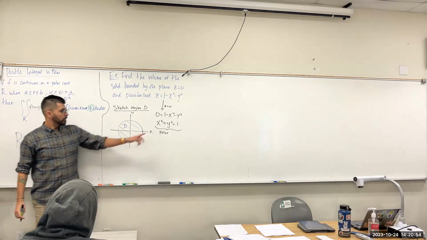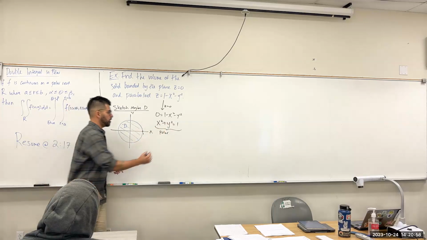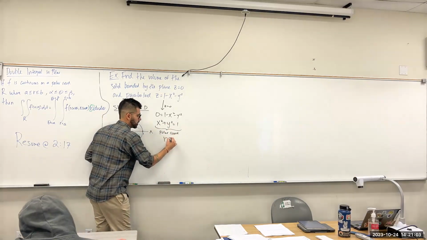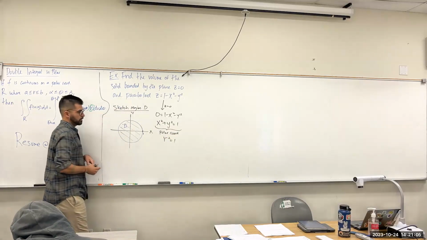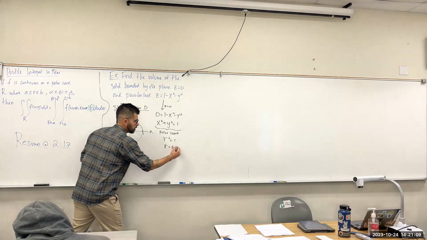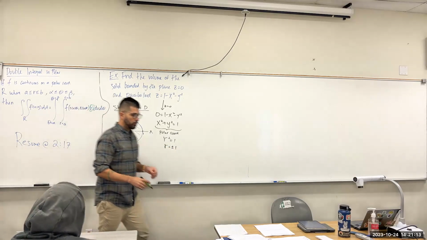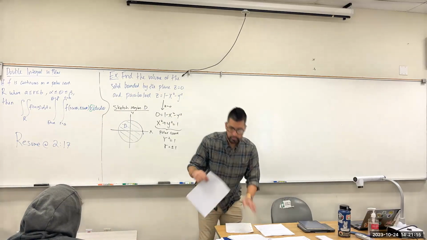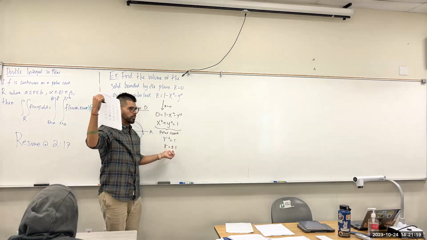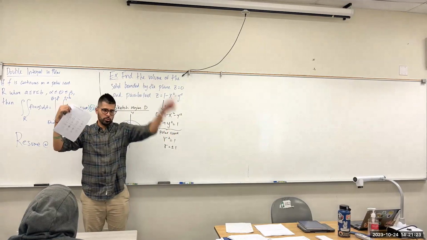X squared plus y squared, what is that in polar? It's just r squared. So r squared is equal to 1. If you square root both sides, you get r is equal to plus or minus 1. But if you look at the summary sheet for circles, it doesn't matter the sign, because it'll still be a circle with radius 1 centered at the origin.